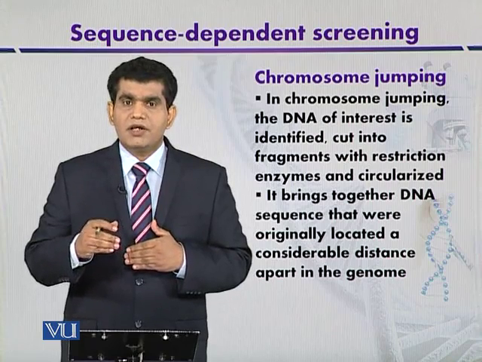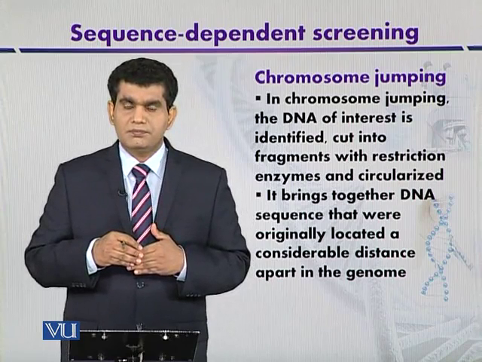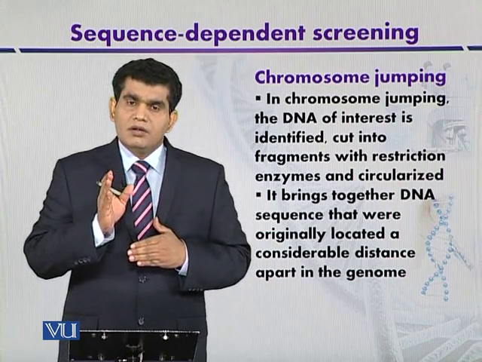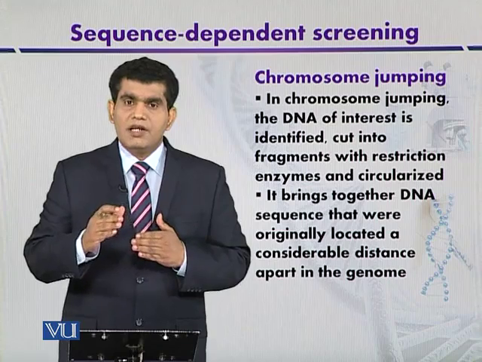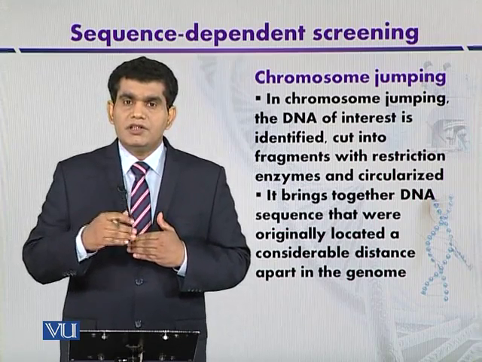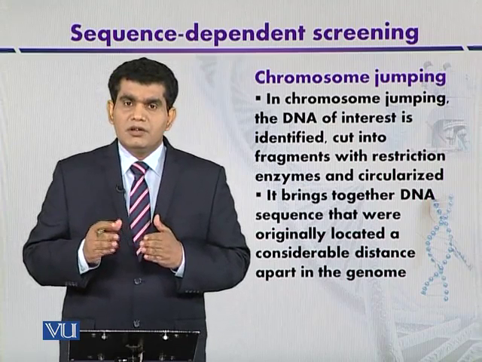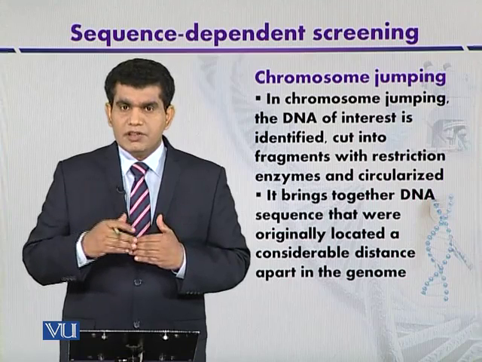And then after the circularization of the DNA, the closure sites are again digested with a restriction enzyme, so that the genes that were once located at different locations come close to each other.